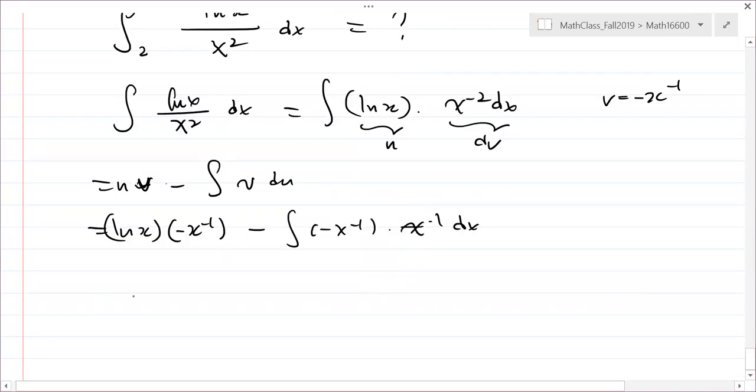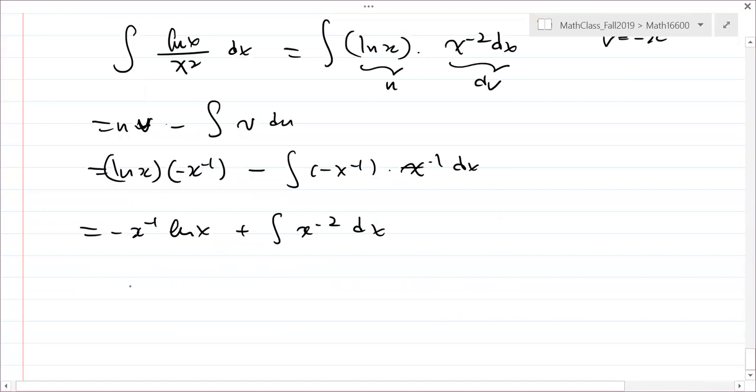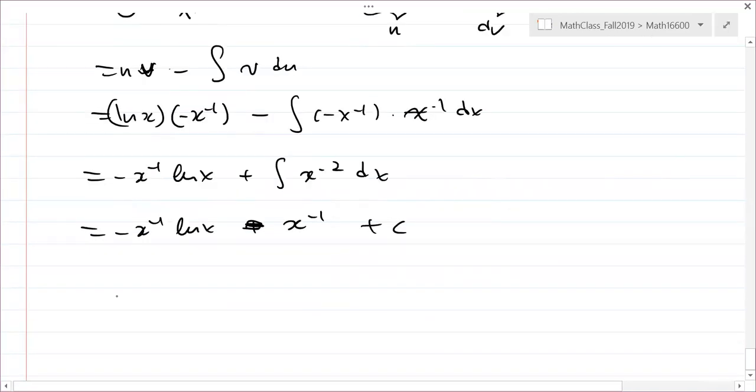Let me summarize. We get this; this is the entire antiderivative of the function.